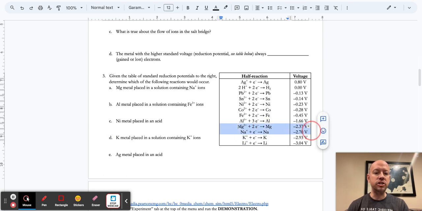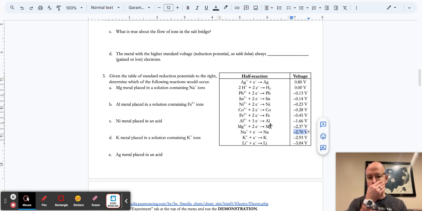So we aren't just taking these two and trying to see how can I make it a positive voltage. We're recognizing that if I have sodium ion, the only thing a sodium ion can do is be reduced into sodium metal by gaining that electron, but that requires negative 2.7 volts.